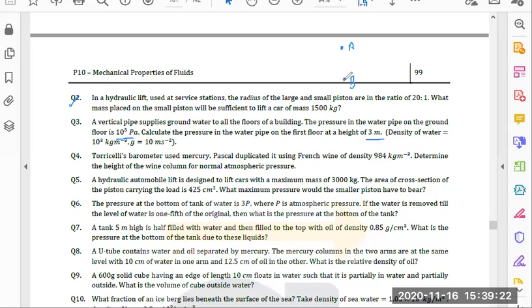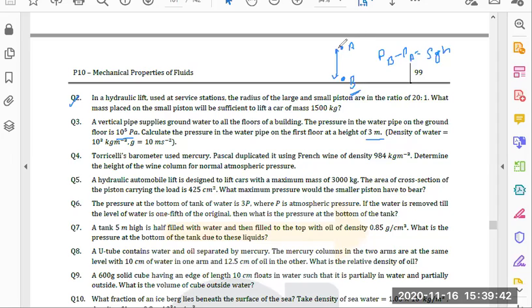So, can I say that this is height H? So I can say that PB minus PA is equal to rho GH, right, everyone? And pressure at B is given.